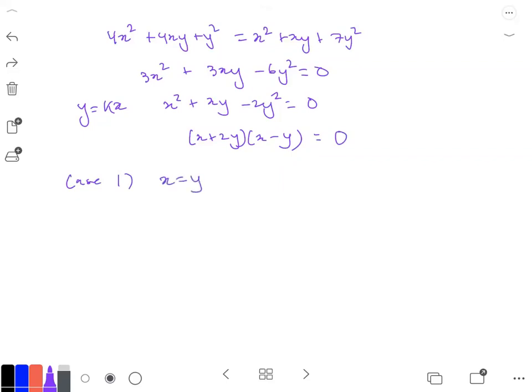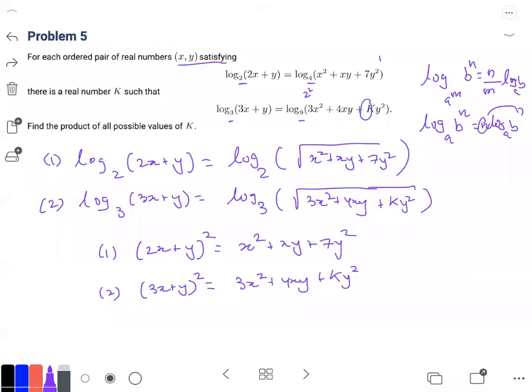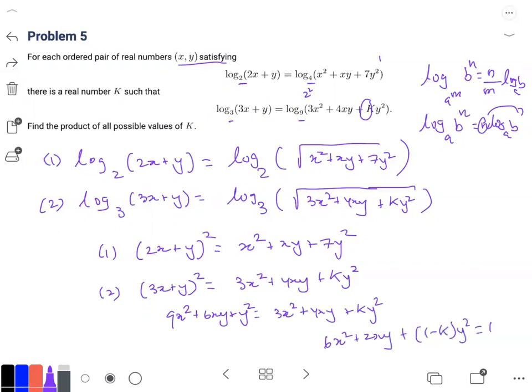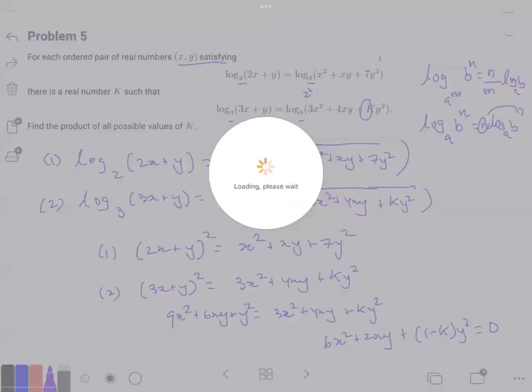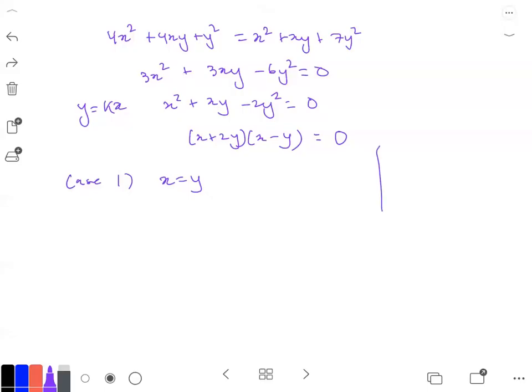x is equal to y. And from here, let me use this formula over here. Let me expand this first. 9x squared plus 6xy plus y squared is equal to 3x squared plus 4xy plus ky squared. So 6x squared plus 2xy plus 1 minus k y squared is equal to 0. Let me note that over here.